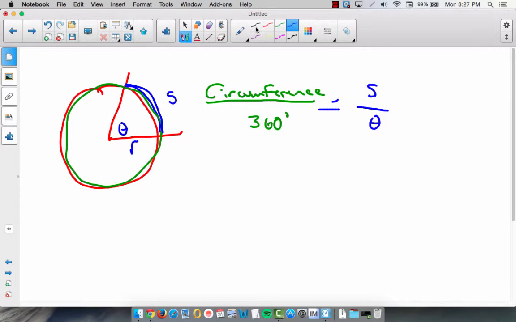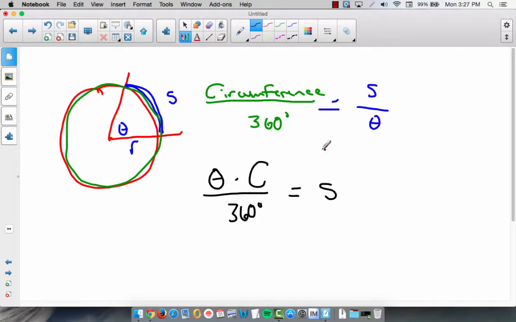And now if we solve that for S, multiply both sides by theta, you get theta times the circumference over 360 equals S. And that's nice.